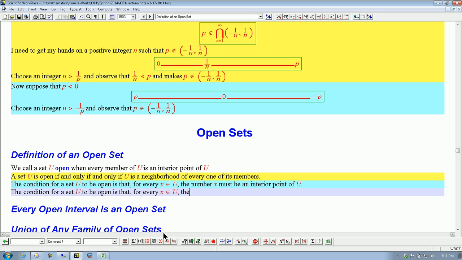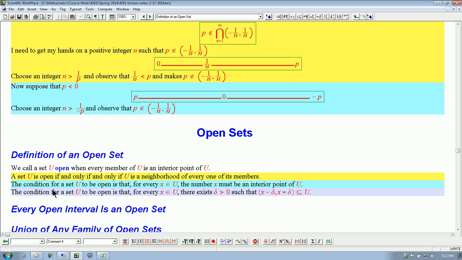What does that mean? Let's spell it out. There exists delta greater than 0 such that this interval is a subset of U. That's going all the way back to first principles and reinventing the wheel.